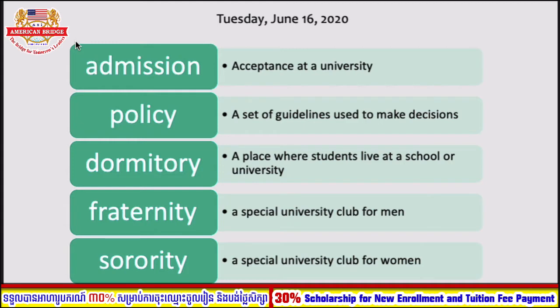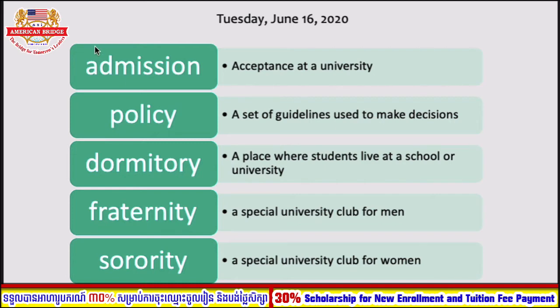Even though you might not move to America and you study in our own country, some of the terms here are very relatable. For example, the word policy. In every university we have a policy, so you need to understand what a policy is.